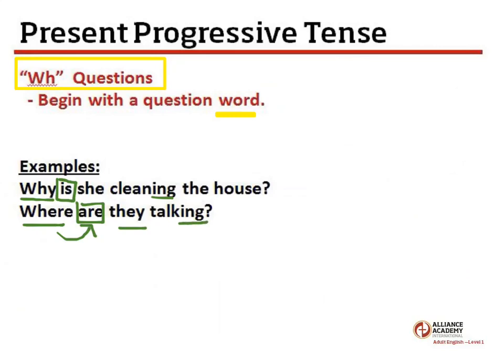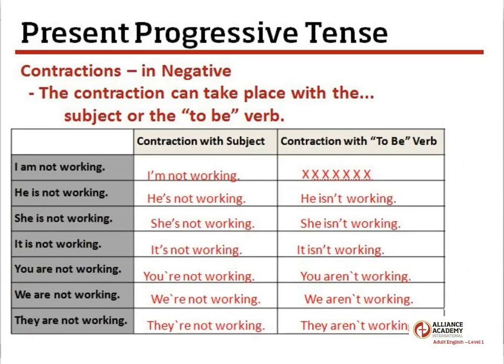So we begin with our WH word, followed by the to be verb, and then the subject, and finally the verb with ing. Now we can do some contractions, especially in negative. So we can actually put the contraction with the subject, or we can put the contraction with the to be verb.